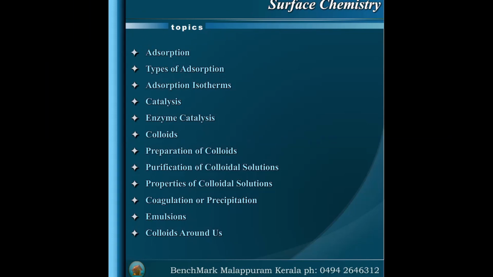The next part of colloids is the properties of colloidal solutions. Various properties exhibited by colloidal solutions are described below. The first property: as we know, colloids are heterogeneous in nature.